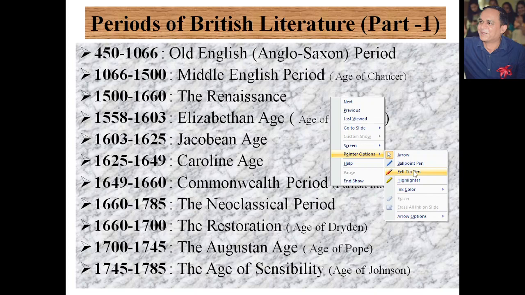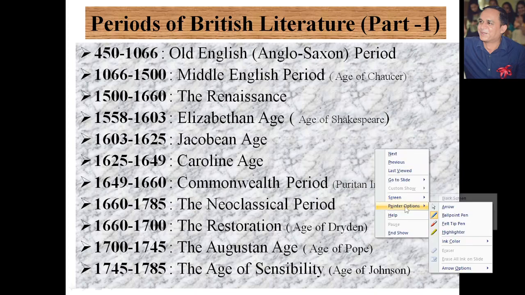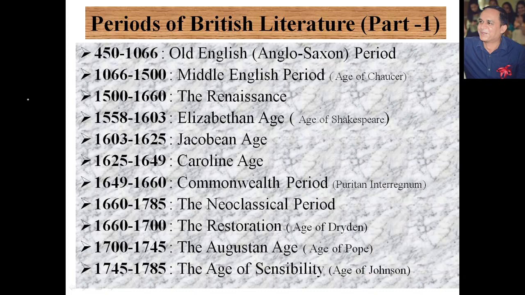So you can see here, just to show you, I'll just take a pointer, how these ages have been divided into different periods. And you can see here the Elizabethan age, the Renaissance, this is from 1500 to 1660. So it further is divided into these four sub periods, right?